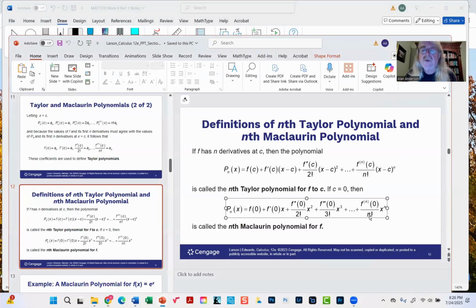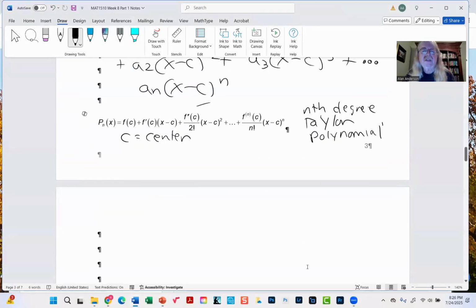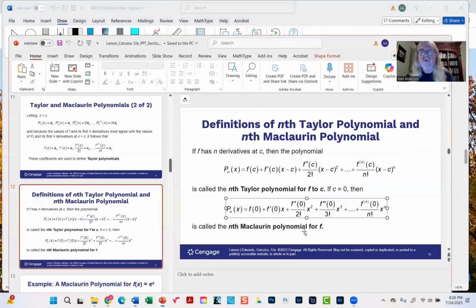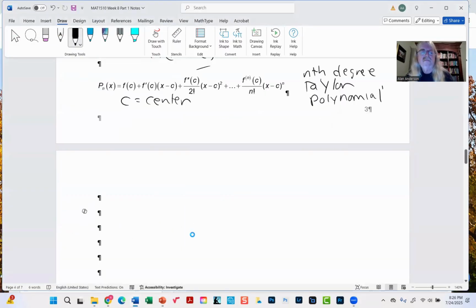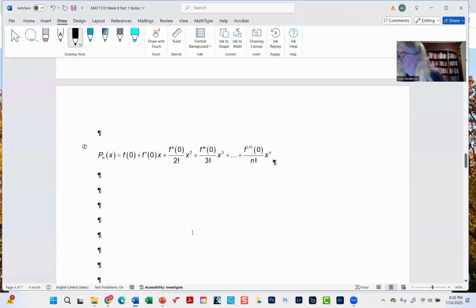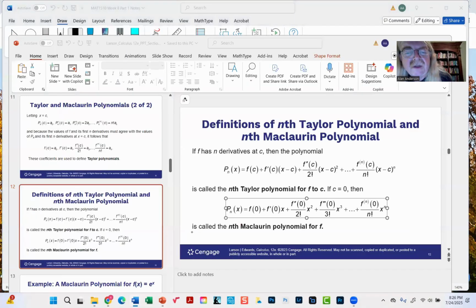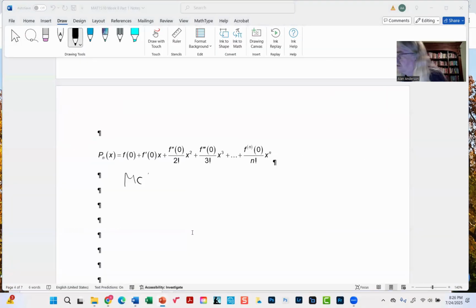Now, this is the equivalent Maclaurin series. And if you notice, the only real difference is that it's centered at zero. Okay. So this is Taylor up here. This is Maclaurin. Make sure I'm spelling that right. It's Maclaurin. Okay.